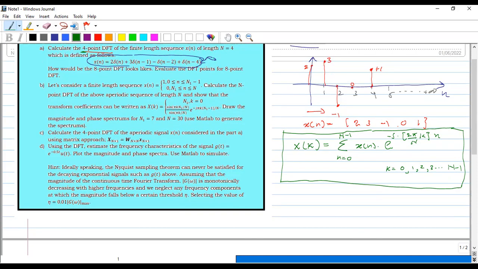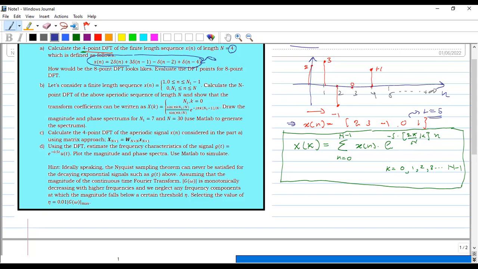Now if we try to find the 4-point DFT for this sequence, you can see that we have 1, 2, 3, 4, 5 elements. So the length is not 4, the length should be 5. I think there is a mistake here. Maybe this 0 may not be considered, but I think we have to consider this 0 also. So we have a length of 5 points.